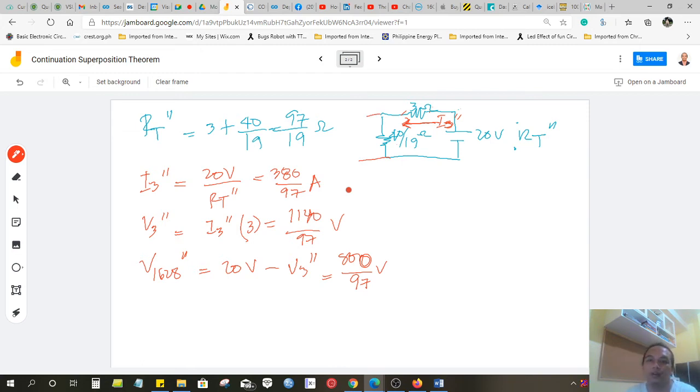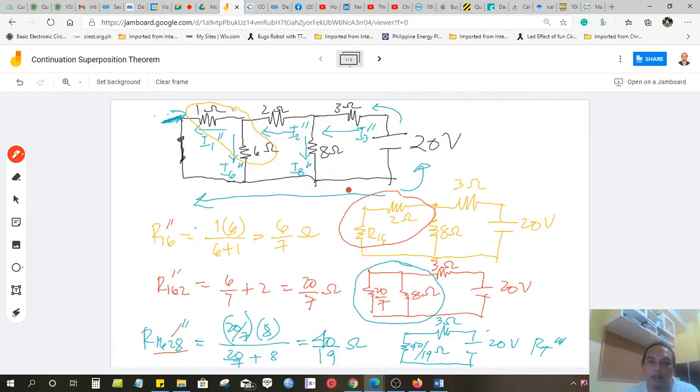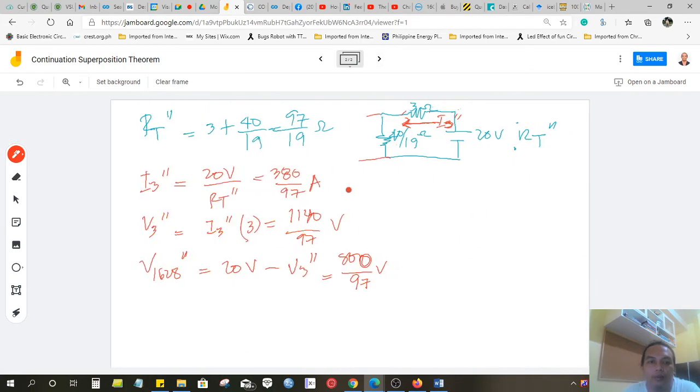Now again you go back to the next circuit kani. So since parallel maning 8 ug ang 20 over 7, so therefore we can say that V8 double prime is equal to 800 over 97 volts, and V162 double prime is equal to 800 over 97 volts.